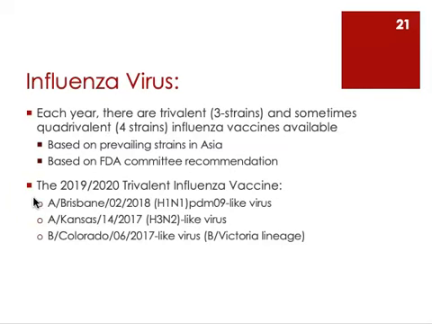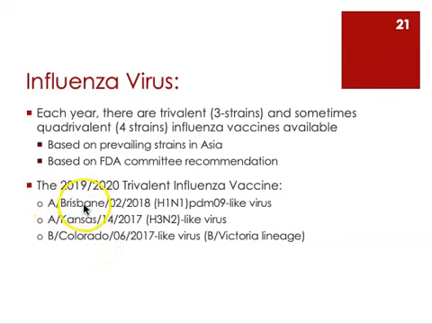For example, the trivalent influenza vaccine that was distributed in our country to help protect us against influenza back in the 2019-2020 flu season contained these 3 strains of influenza.